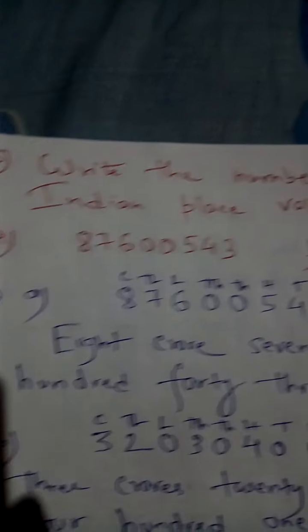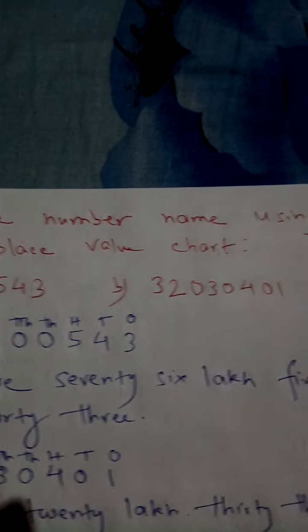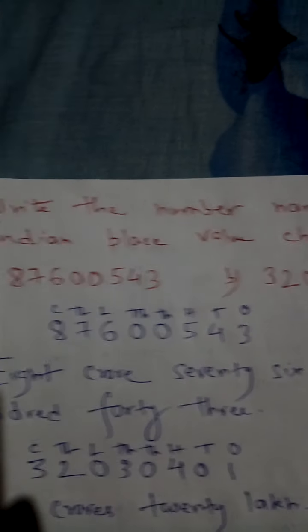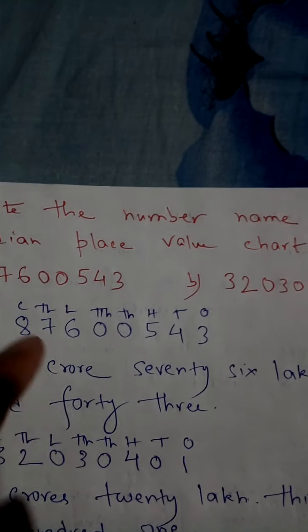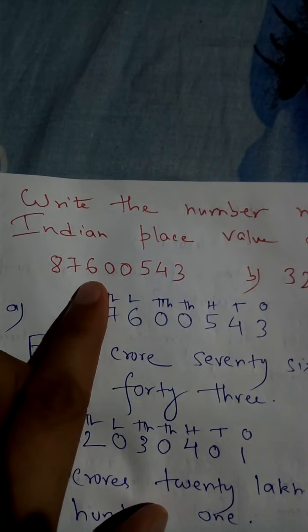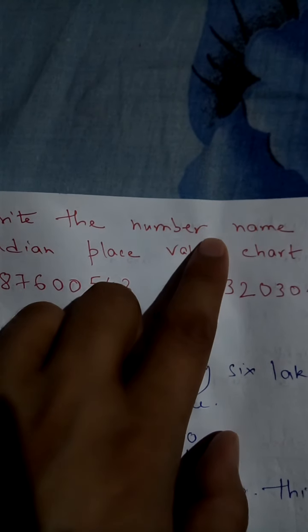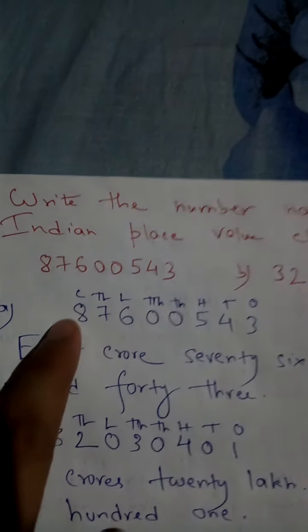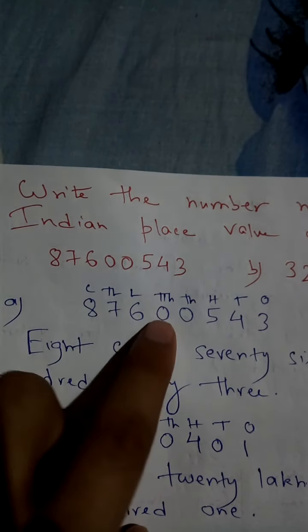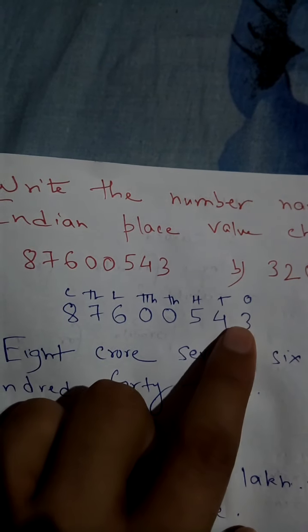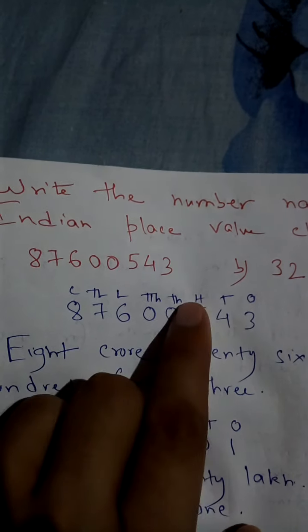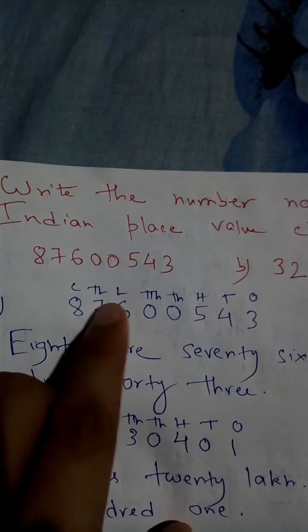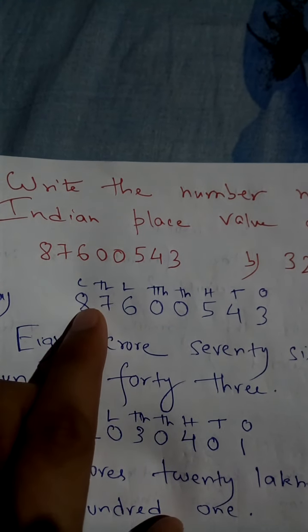Now number 5. The question is: write the number name using the Indian place value chart. The numbers are given, and you have to write them in words. Number name means words. The first question is 876000543. Before writing, you can write this at the top: ones, tens, 100, 1,000, 10,000, lakhs, 10 lakhs and crores.